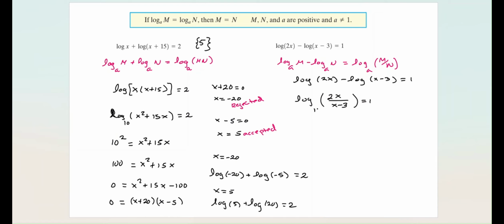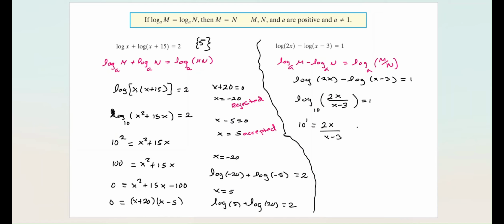We know that this is logarithm base 10, right? Because it's the common logarithm. Then now we're going to rewrite this as an exponential statement. We're going to say that 10 to the 1 is equal to 2x over x minus 3. Let me just do this line to separate the two exercises.